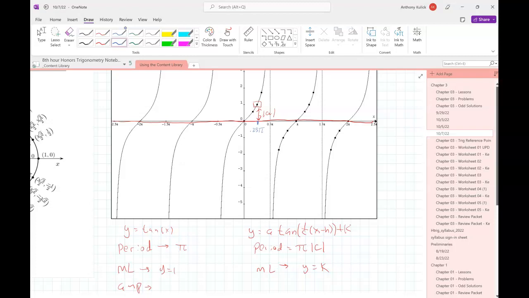The distance from that halfway point back to the midline, that's like our amplitude. Is everybody okay with that? But strictly speaking, the amplitude does not exist.